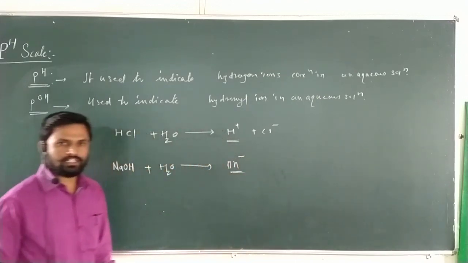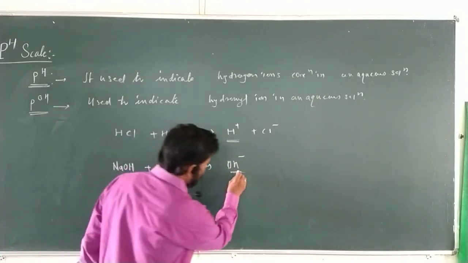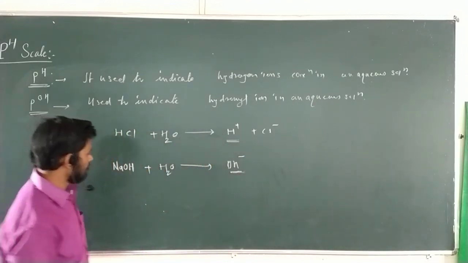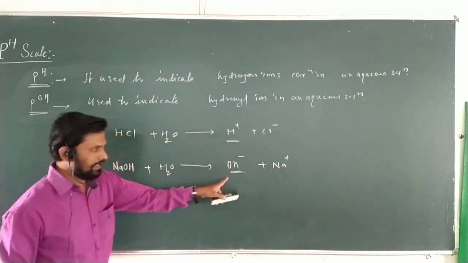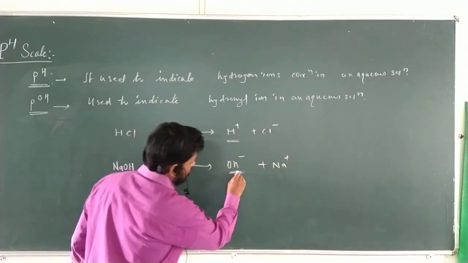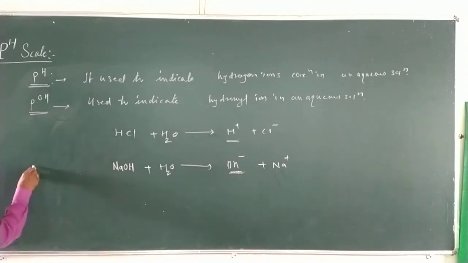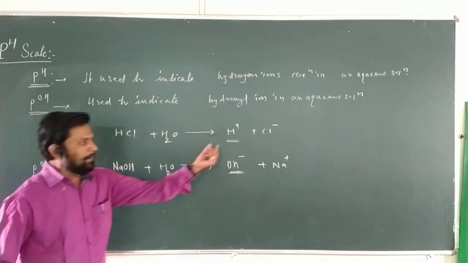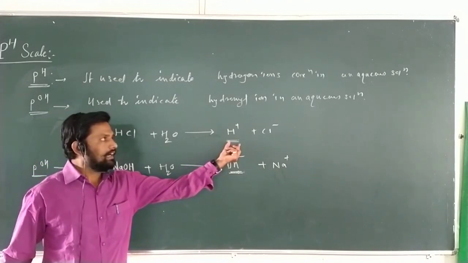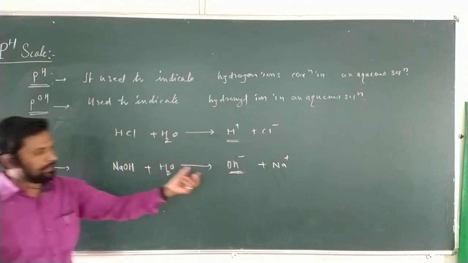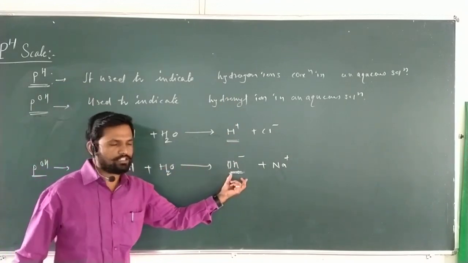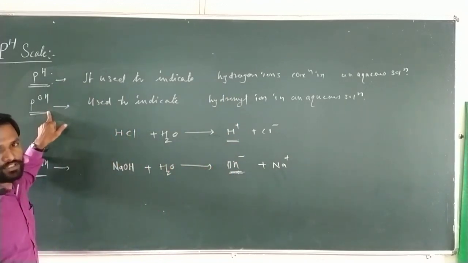The hydroxyl ions present can be shown by the pOH. This means the presence of hydrogen ion concentration is indicated by the pH, and the presence of hydroxyl ion concentration is indicated by the pOH.